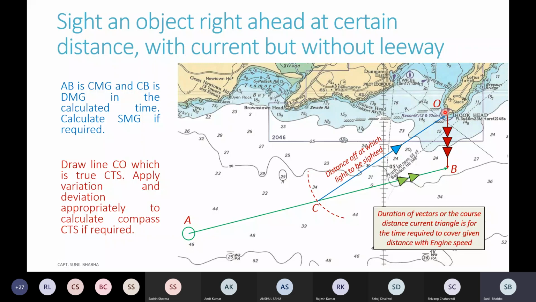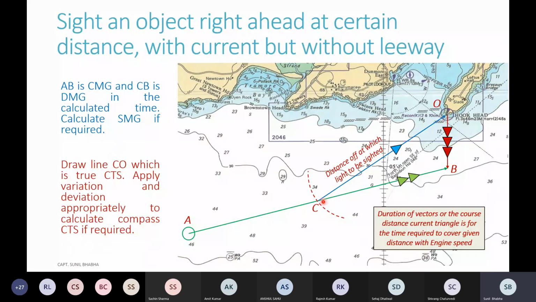And if you see this triangle OBC, the duration of all the vectors of the course distance current triangle is the time required to cover the given distance using our engine speed.